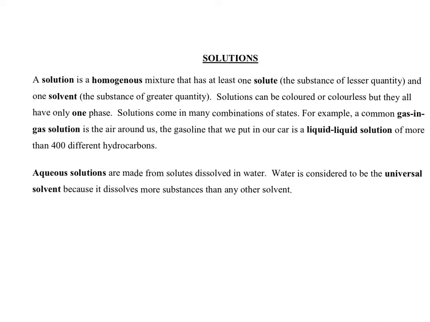The gasoline that we put in our car is a liquid-liquid solution of more than 400 different hydrocarbons. So you can have whatever the largest volume is for your mixture, that would be the solvent.